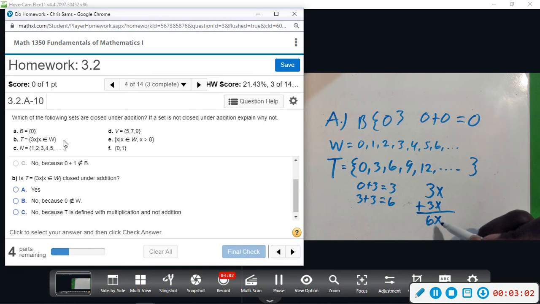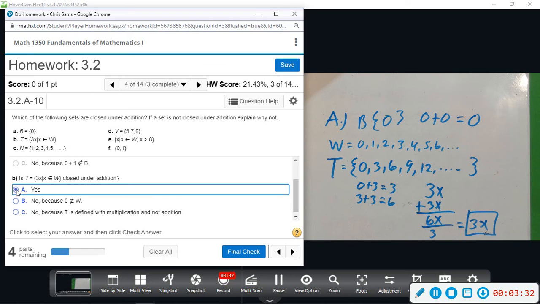And if I divide this number by 3, no matter what it is, I'm still going to get something that's in the set, which is that format of 3x. Now, why did I divide by 3? Because we were counting by 3s. That was part of the original criteria. So this one would also be closed under addition.